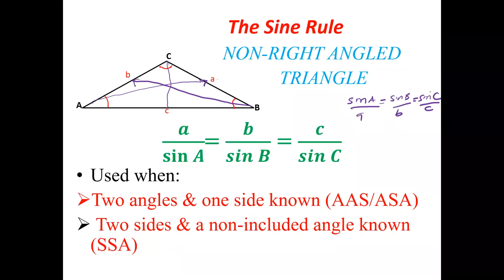So whenever you see those small letters, a represents the side opposite angle A, b the side opposite angle B, and c the side opposite angle C. That's how else we can write it.